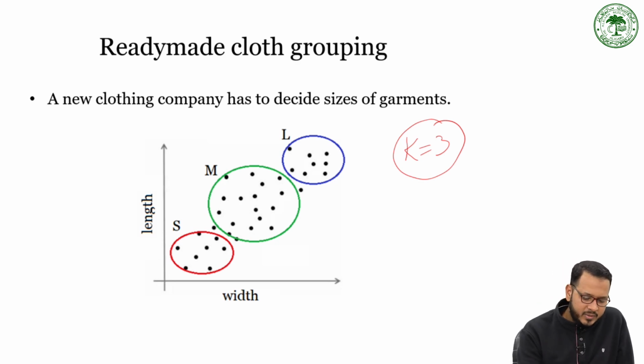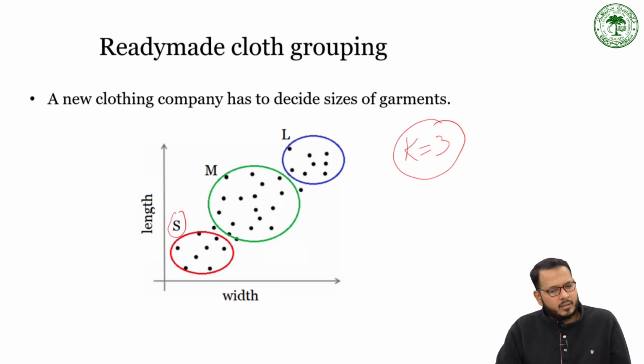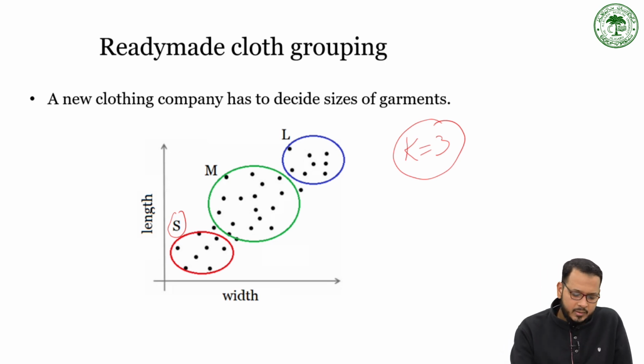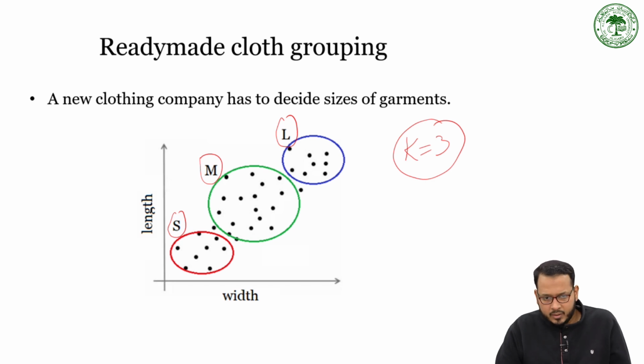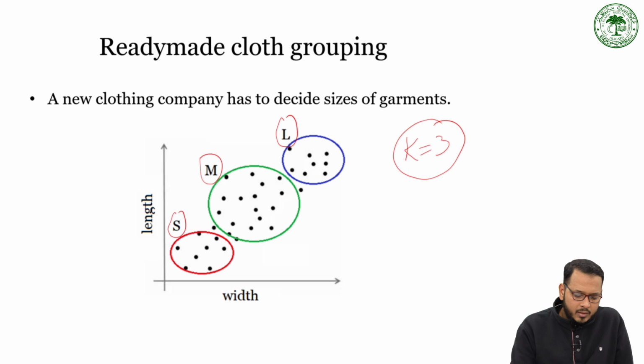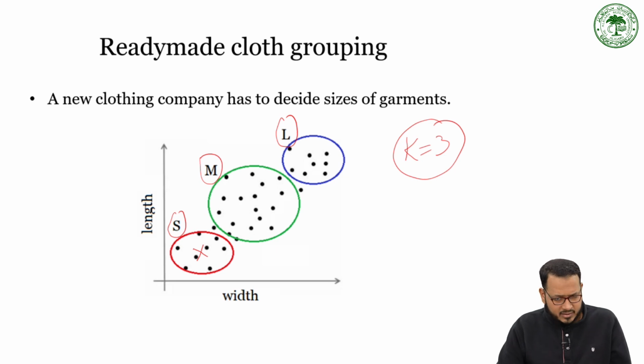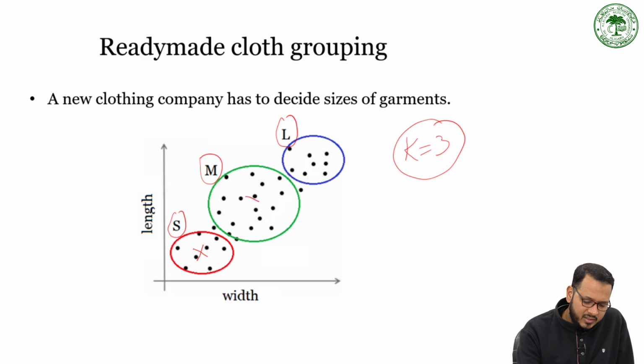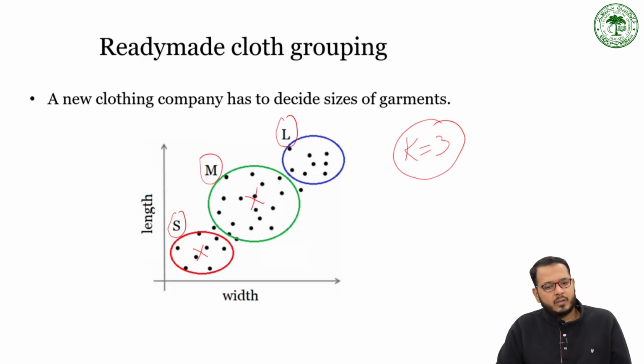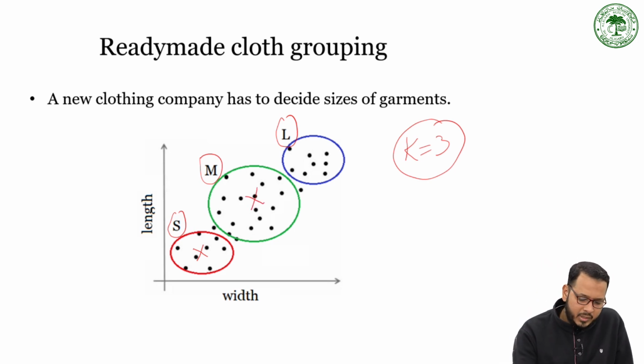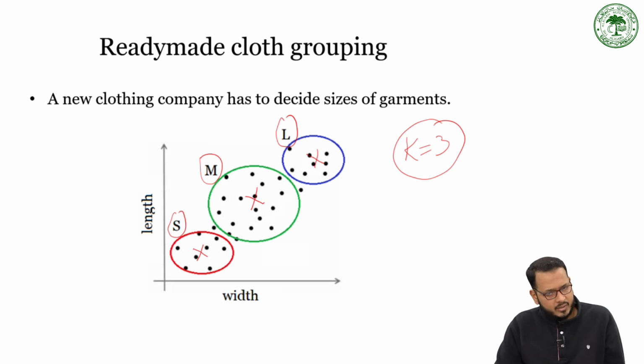This cluster might represent the group of all the small people, medium-sized people, and the people who wear larger clothes. Then the size M for that company might be the average of all these points, the centroid of the medium cluster, along with the centroid of the small cluster and the centroid of the large cluster.